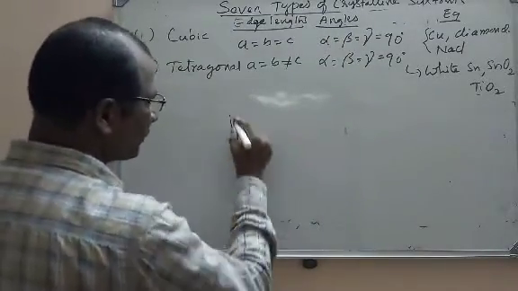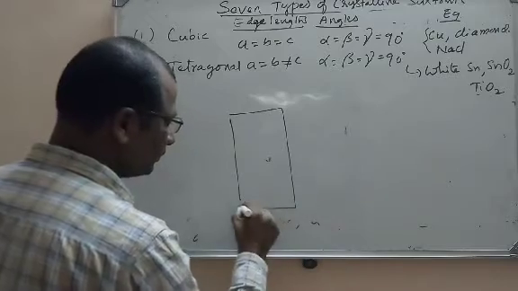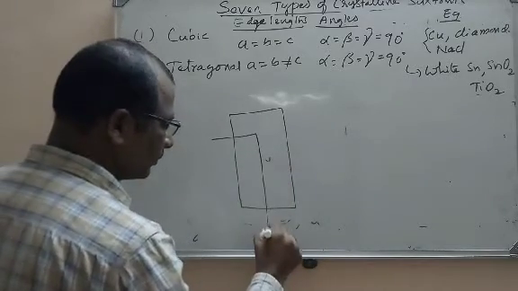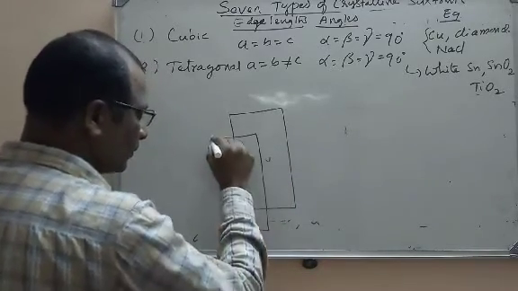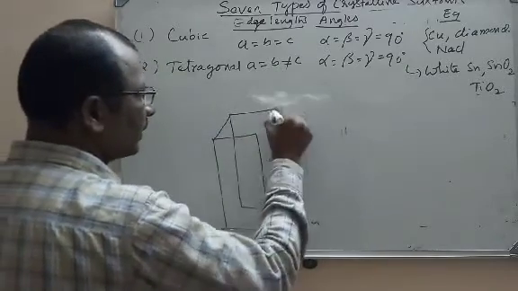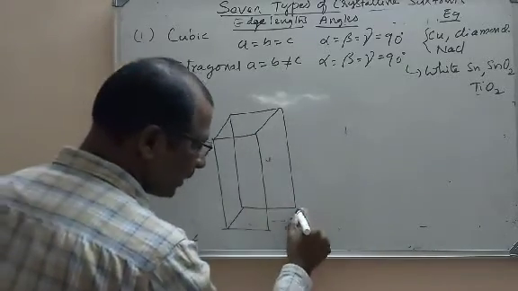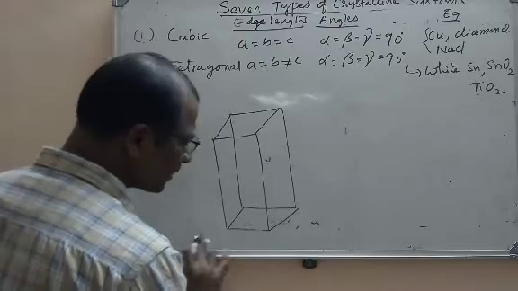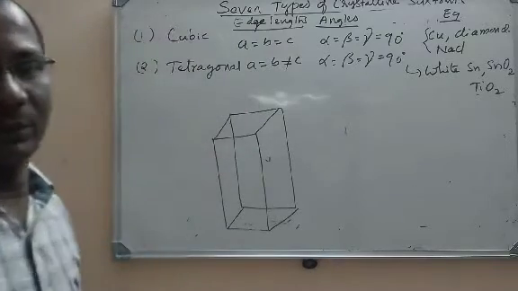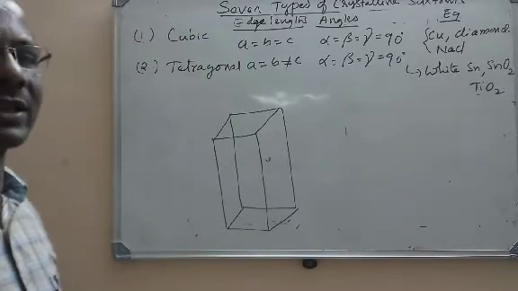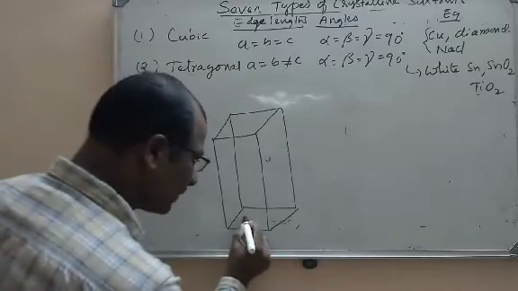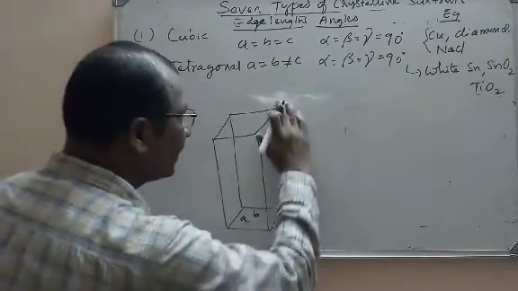To understand it, for example, this is a tetragonal system. We can't draw all, just for your understanding I will try to write one or two. If you understand, you can understand the remaining easily. For example, this is A and this is B here.